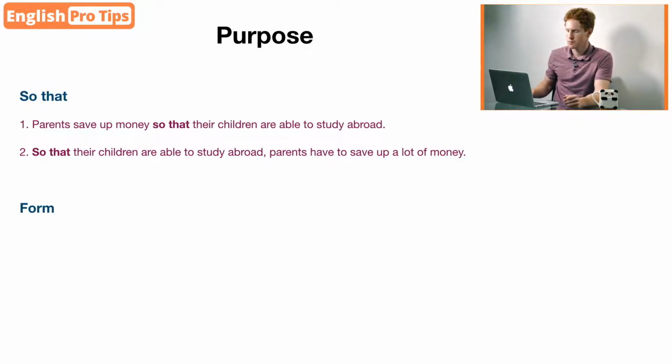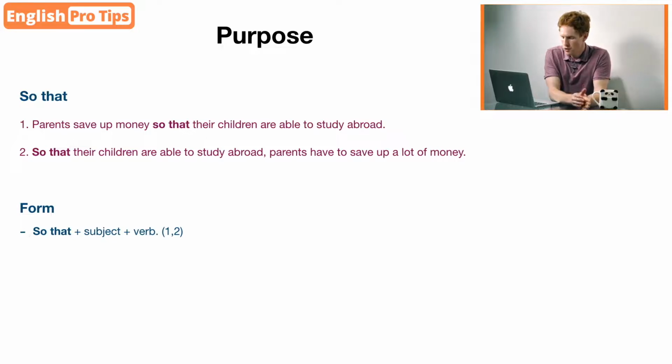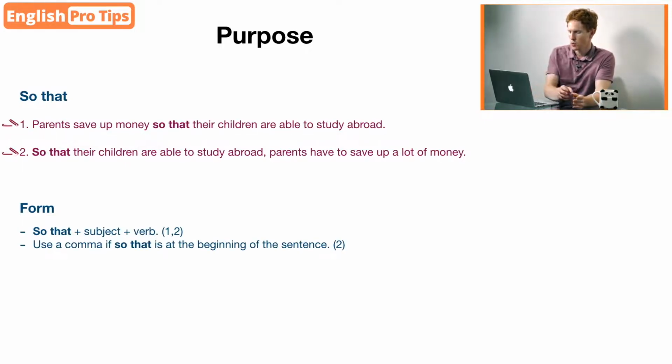Okay, let's focus on the form. Well, we have so that plus a subject and a verb, a clause. And we can see that in sentence number 1 and sentence number 2. And we use a comma if so that is at the beginning of a sentence, but not if it's in the middle of a sentence, which we can see in sentence number 1. There is no comma, and in sentence number 2, there is a comma.